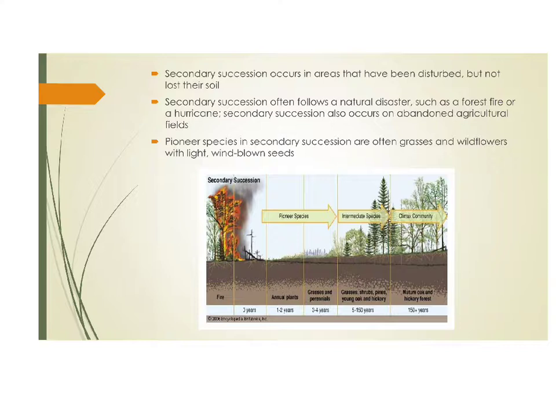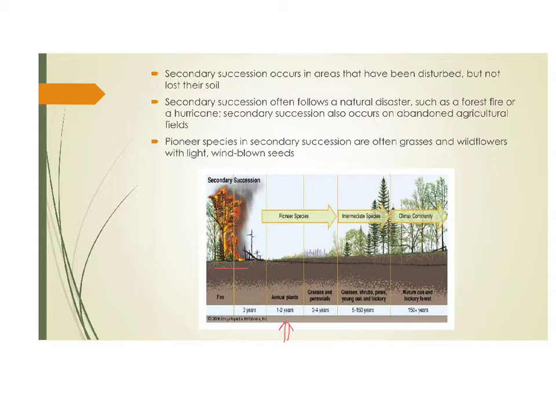And if you take a look at this picture down here, in this particular picture, forest fire was the abiotic factor that disturbed the plant community. So you get annual plants that come in the first couple of years after the forest fire. Annual plants are plants that live for 1 year.